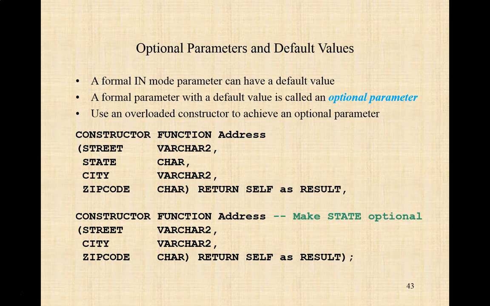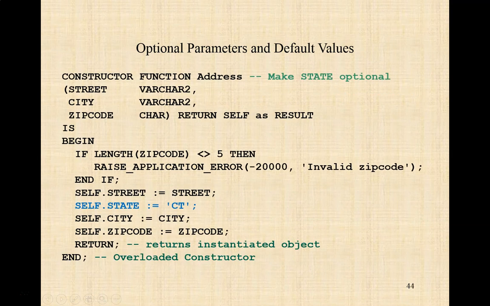Now let's move to the create type body statement and see the details of how the constructor operates. We've retained the integrity check for the size of the zip code. Following that, we'll take the street value that has been passed, assign it to self.street, the city value, assign it to self.city, and the zip code, assign that to self.zip code. Nothing has changed there.